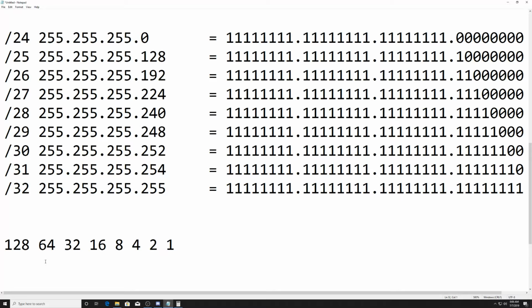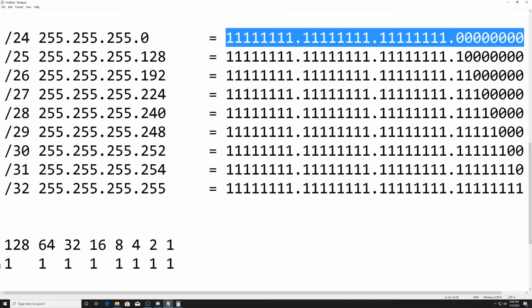And each of these is 1. If you add 128, 64, 32, 16, 8, 4, 2, 1, that's going to equal 255. That's where all these come from, meaning all the bits are on.